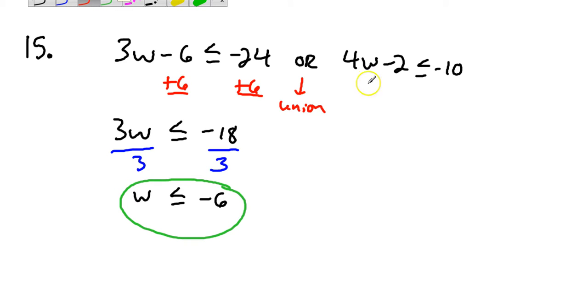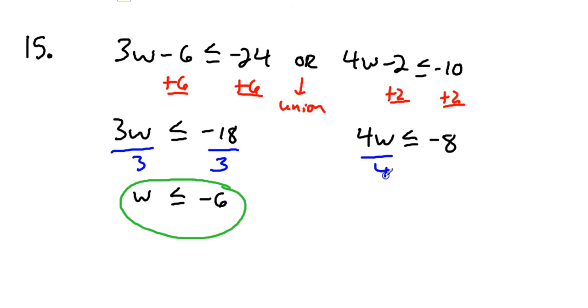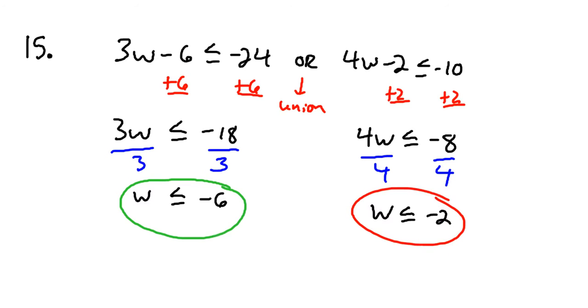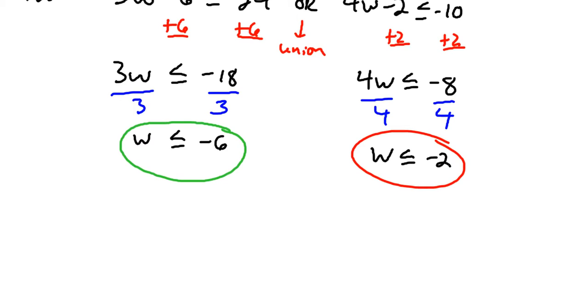Okay, for the right-hand side of the equation, this time we're going to add 2. And then we're going to divide by 4. Okay, so if we solve those two, we've got w is less than or equal to 6, or w is less than or equal to 2.